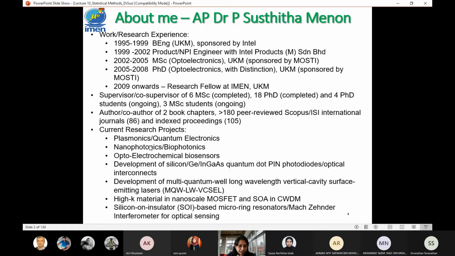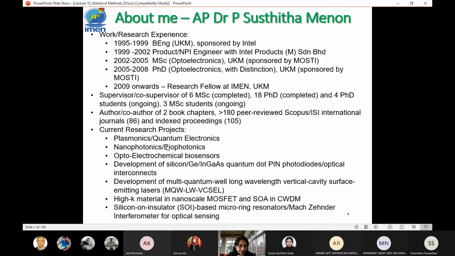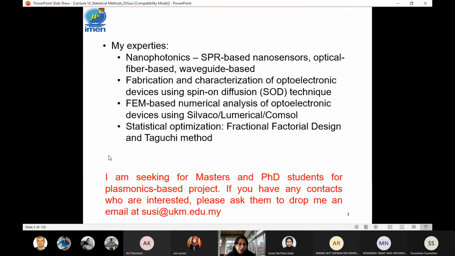In terms of publication, more than 180 Scopus and ISI journals and proceedings. Currently I'm working in plasmonics or quantum electronics, and also in nanophotonics, and these are some of my previous research projects. My expertise is in nanophotonics, mainly in surface plasmon resonance based nanosensors, optical fiber based and also waveguide based.